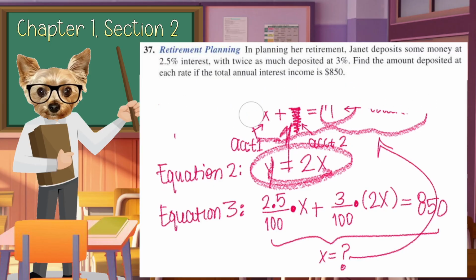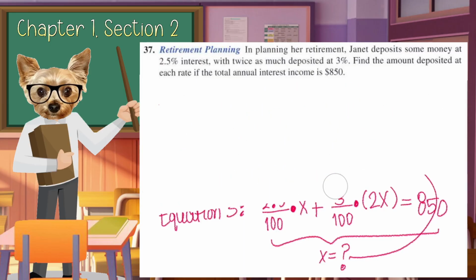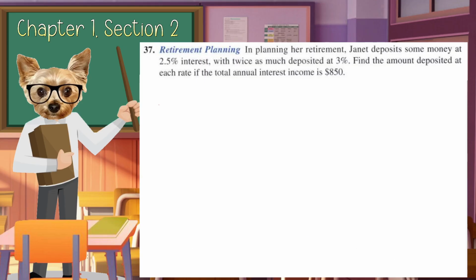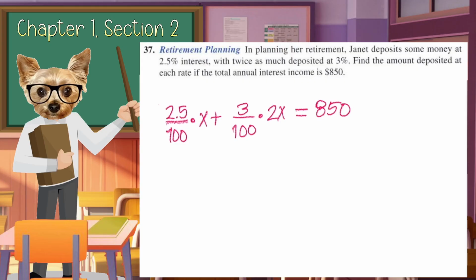Okay, so now let's really execute the problem. I'll rewrite that quickly. We got 2.5% of x plus 3% of 2x is 850. From here, how do we do this without a calculator?